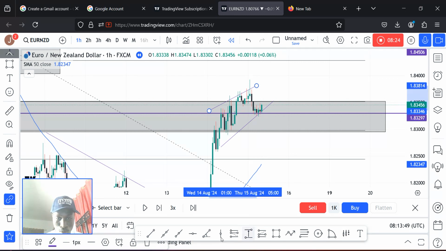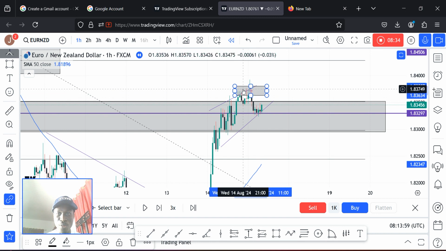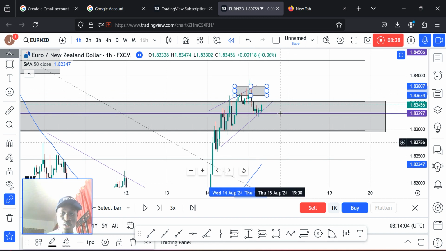Another price action the market is giving us is a double top. You can also see this zone rejecting with a lot of wicks, telling us that the buyers have lost momentum.